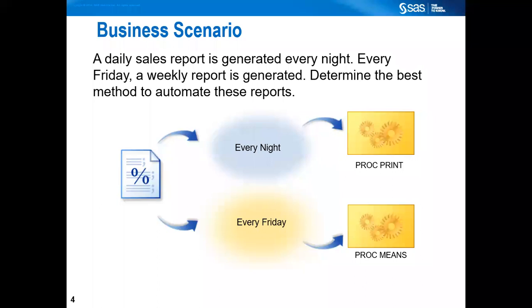So it's the day where your week ends, and hence the data which keeps on updating throughout the week, you need to generate as a weekend report at the end. For that, you may write a proc means or proc summary, whichever procedure is suitable as per your business requirement.